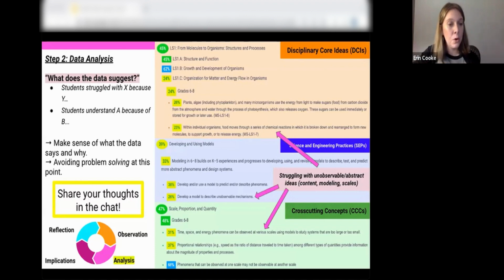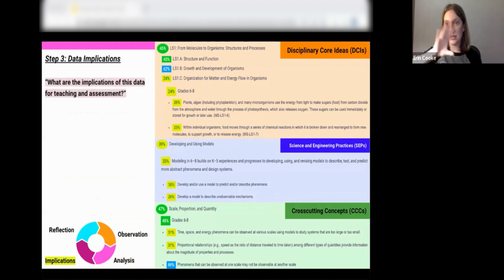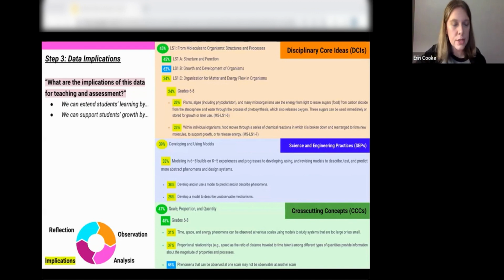Perfect. Okay, so let's do the last little piece here, which is about implications. So from that analysis, let's just take that one main analysis we had, that students are struggling with unobservable mechanisms or abstract concepts. What could we do about it? So we can extend students' learning by doing something specific, or we can support students' growth by doing specific things.